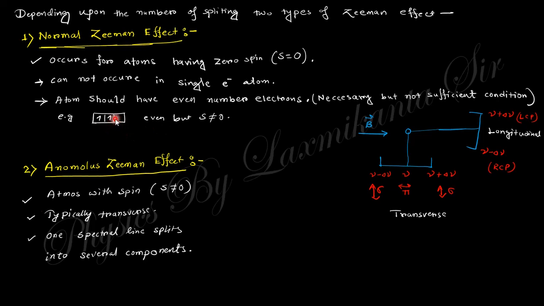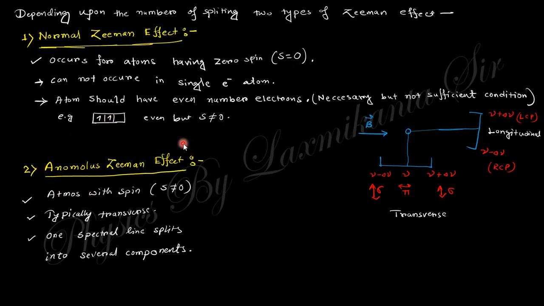So for the normal Zeeman effect, the total spin must be 0. The even electron number condition is necessary but not sufficient. The sufficient condition is that the two spins cancel to make the total spin 0 to get the normal Zeeman effect. When the spin is not 0, you get the anomalous Zeeman effect.